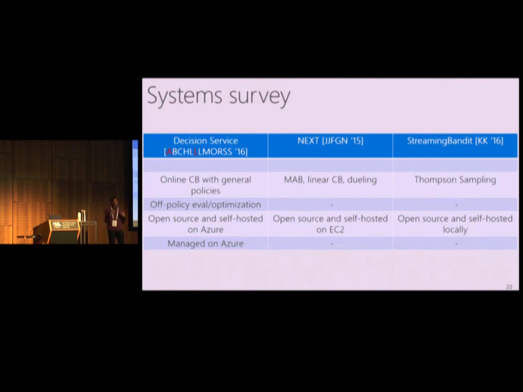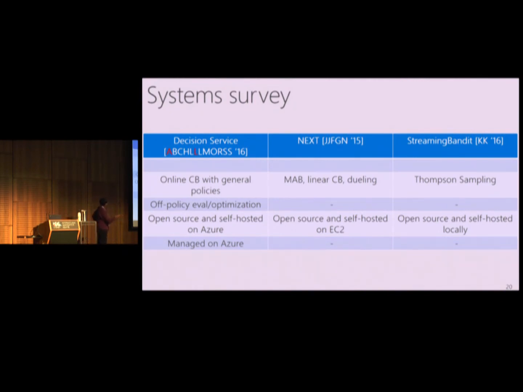You can actually implement your own algorithm if you're a researcher. You can swap out various pieces. There are some details: Decision Service you can host in your Azure account, Next you can host in your EC2 account, and Streaming Bandit is not really working based on any particular infrastructure. You can host it on a server under your desk or on one of the cloud platforms or whatever you like.